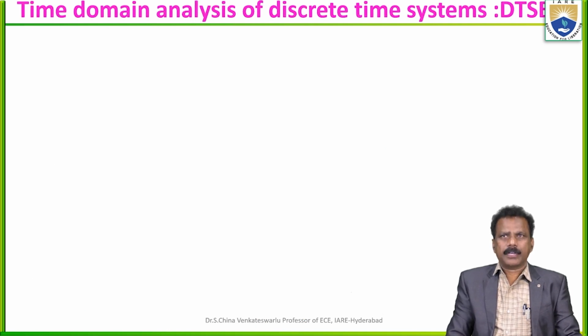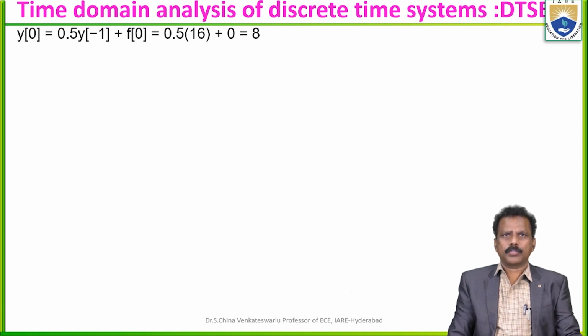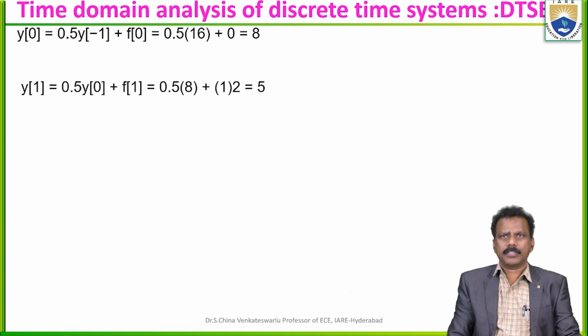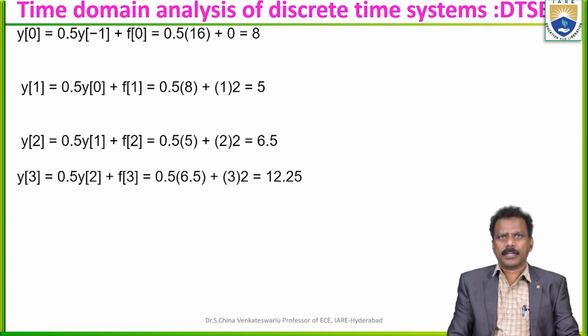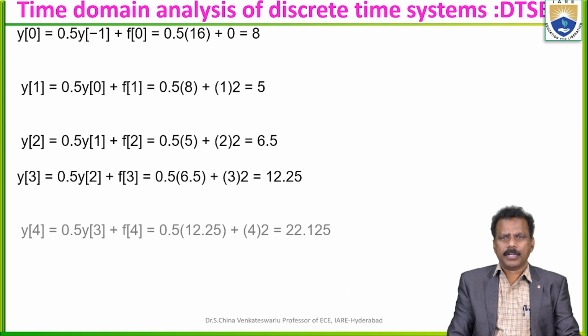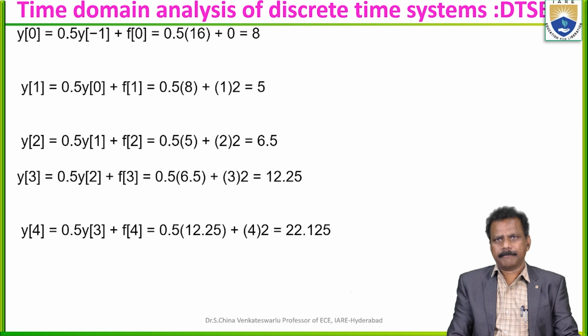So like this we will write to verify the time domain analysis of DTS, discrete time system: y of 0 is equal to 0.5 y of minus 1 plus f of 0, which is 0.5 times 16 plus 8; y of 1 is equal to 5, y of 2 is equal to 6.5, y of 3 is equal to 12.25, and y of 4 is equal to 22.125.